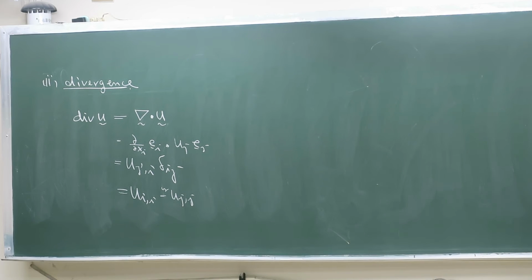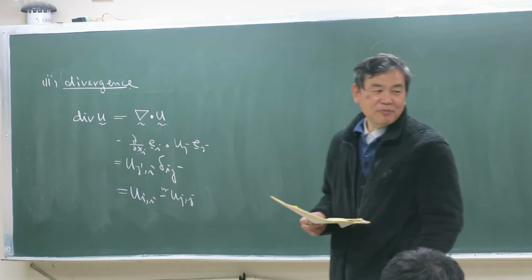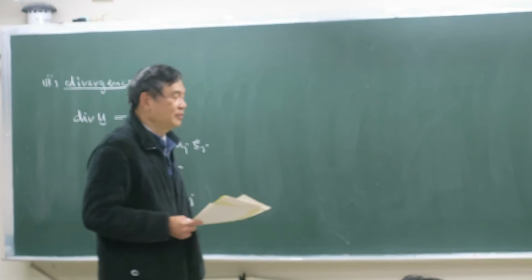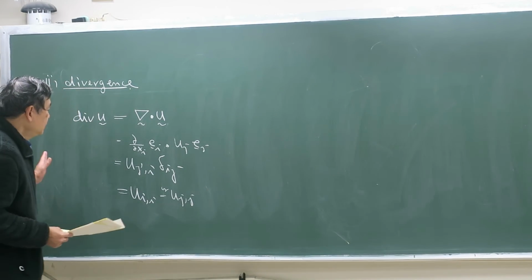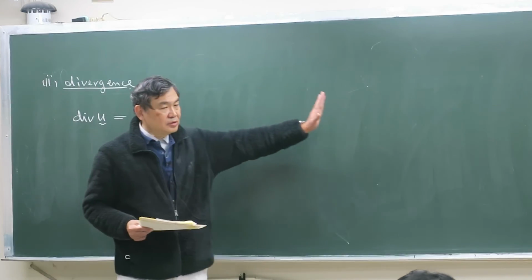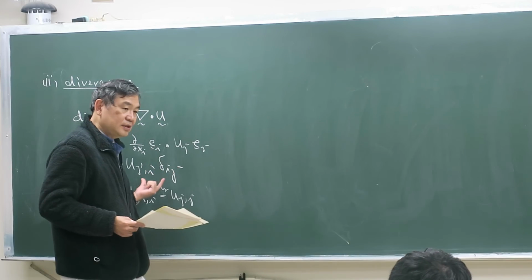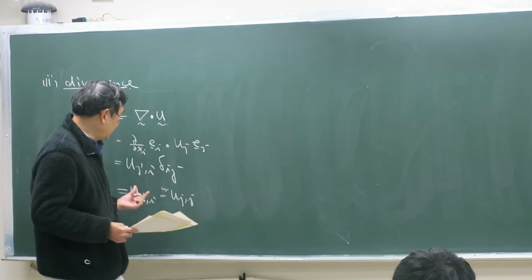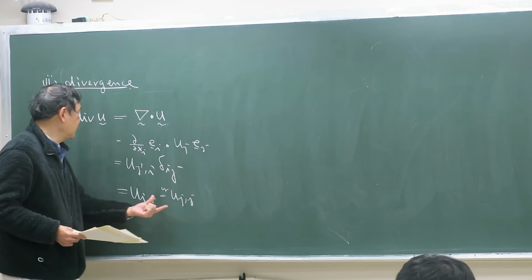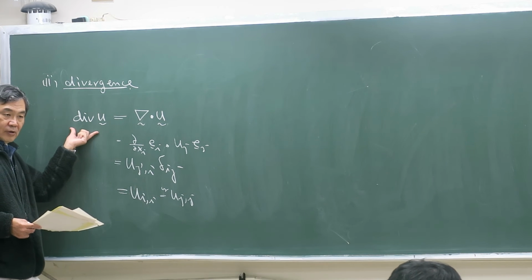About these things, you should go back and check your undergraduate mathematics 2, the divergence theorem. Remember? Forgot. Anyway, today I will show you some very simple formulas. In the future, when you derive an equation, sometimes you get a tensor form, but finally we change to a vector form.